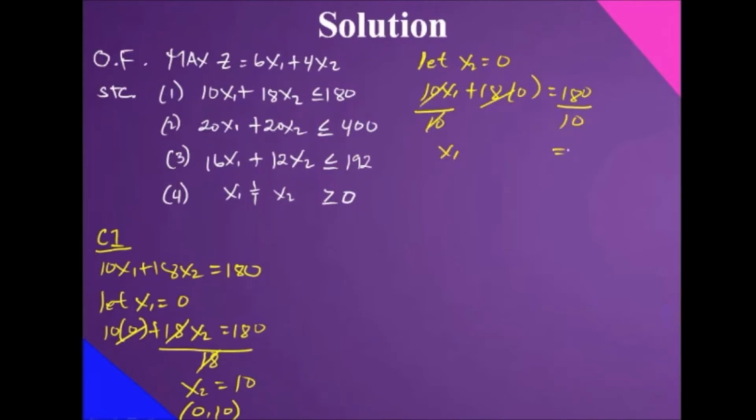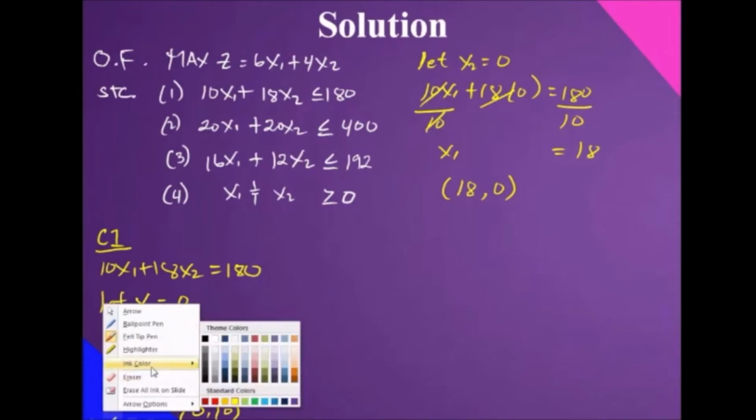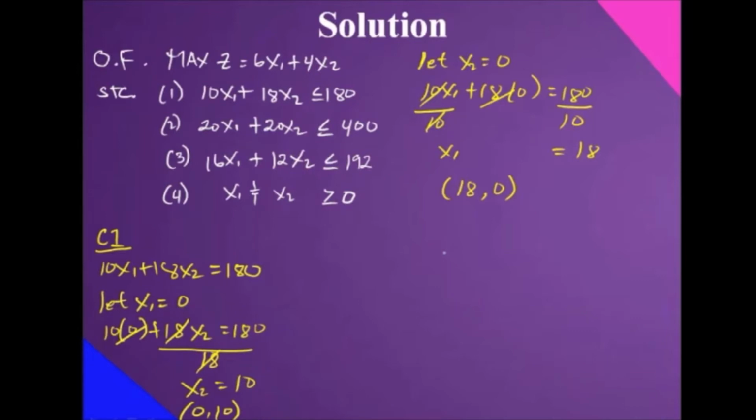So, x sub 1 will be equals to 180 divided by 10, that is 18. Ibig pong sabihin, if our x sub 2 is 0, our x sub 1 will be 18. Okay na, 2 points na. No? So, constraint 2 tayo. Gamit tayo ng isang kulay. Mag-sky blue naman para kita siya sa violet na ating background.